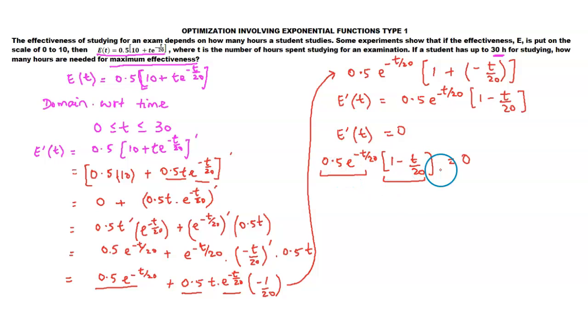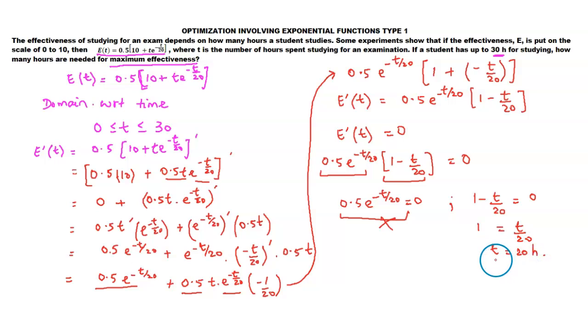If 0.5 e to the power negative t over 20 is equal to 0, I cannot solve this side, so I'm just going to solve the other one. 1 minus t over 20 equal to 0 gives 1 equals t over 20, so time is equal to 20 hours. Now this is my critical number, and my domain limits are 0 and 30.